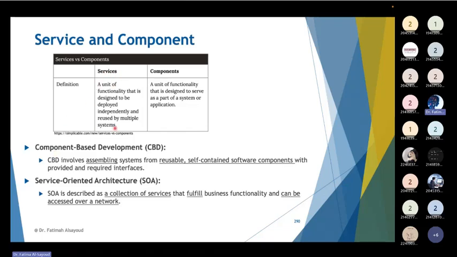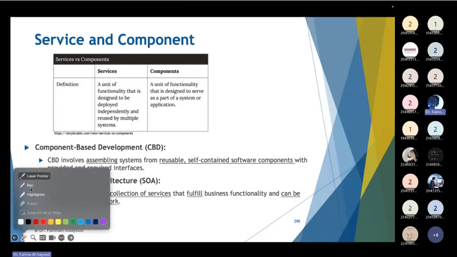This is the definition that I used previously, so I'm not going to repeat myself here. The component: assume that you have a reusable, self-contained software component providing required interfaces. We will have interfaces because we have different components working together. However, for services, we have a collection of services that fulfill a business function and can be accessed over a network.